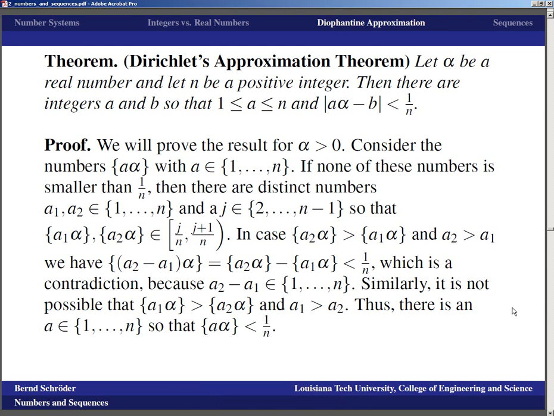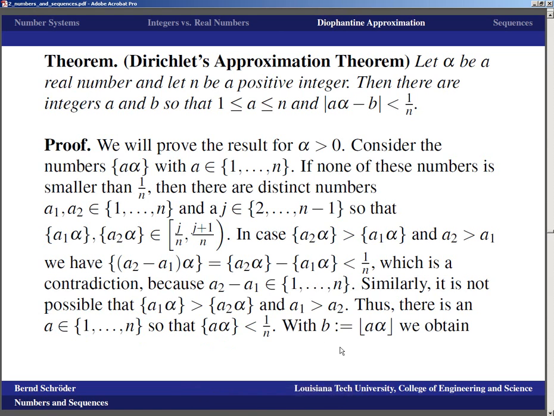Okay, you've noticed that I've paused here for a second, and that is because there are a couple more cases here, and that is that it could also be that the fractional part of a2 alpha is greater than that of a1 alpha, and this inequality is flipped, and similarly it could be that this inequality is true and this inequality is flipped, but in any of these cases we can do a similar computation and get a contradiction. So that means there is an a between 1 and n so that the fractional part of a alpha is smaller than 1 over n.